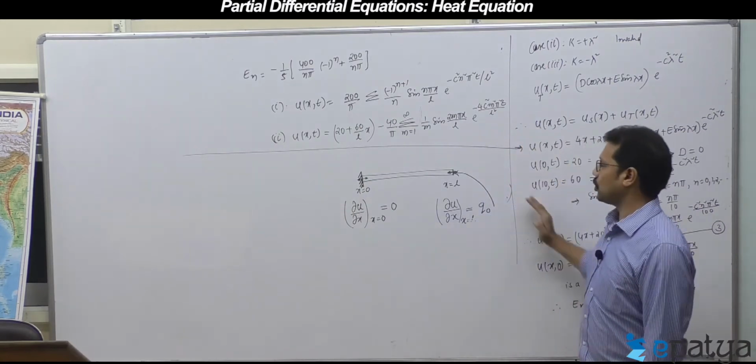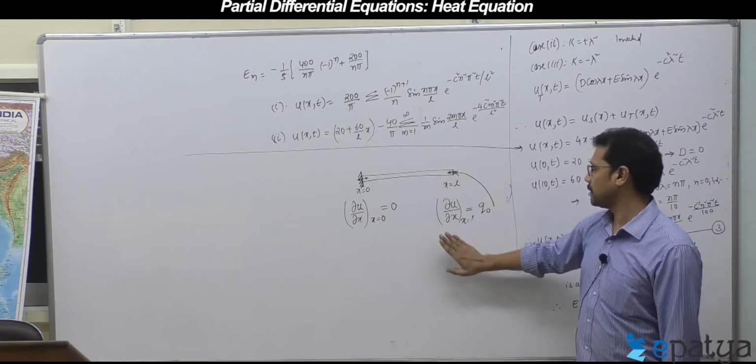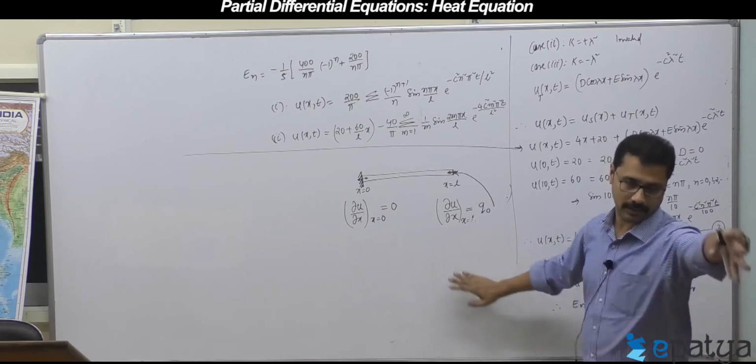If I maintain constant heat flux at one of the ends, x equal to L suppose, then dou u by dou x at x equal to L equal to Q naught. Take a note.